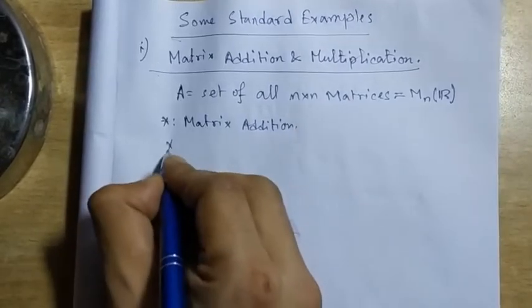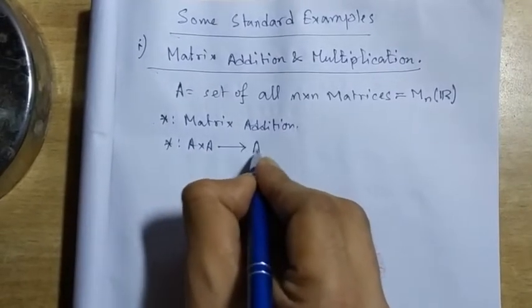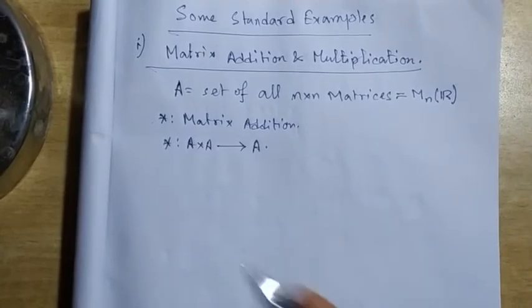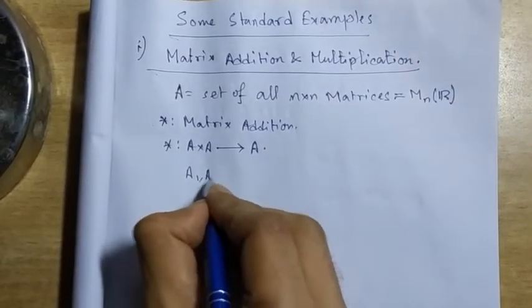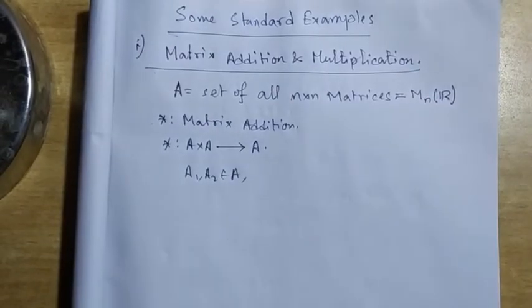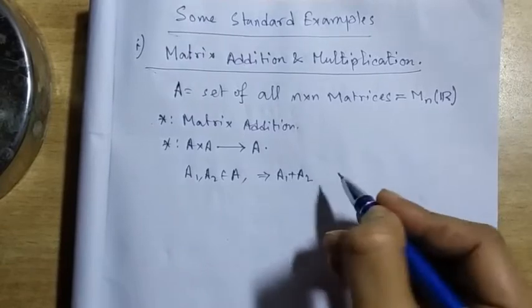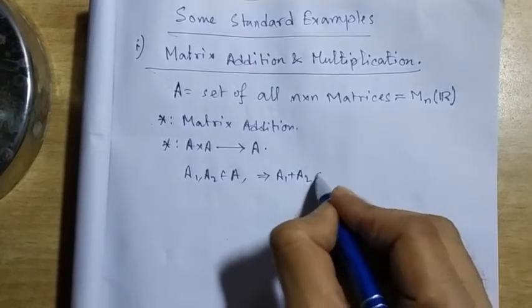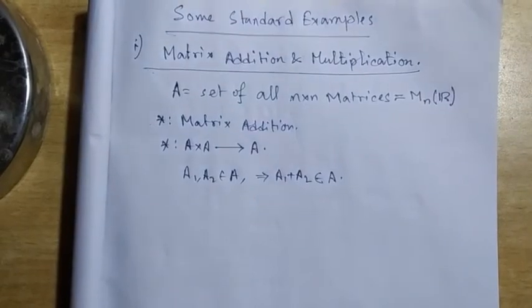Then we can say star is obviously a binary function from A cross A to A, because if you take any two matrices, say A1 and A2 from A, then A1 plus A2 will also be an n cross n matrix, and it will be belonging to A, so it will be a binary operation.